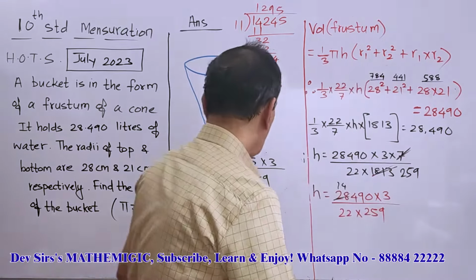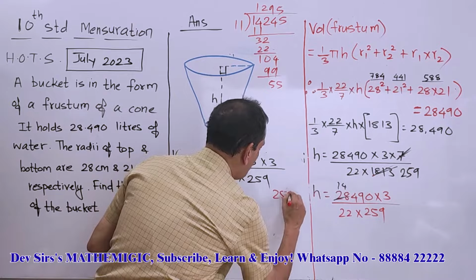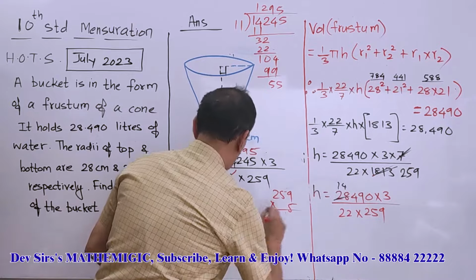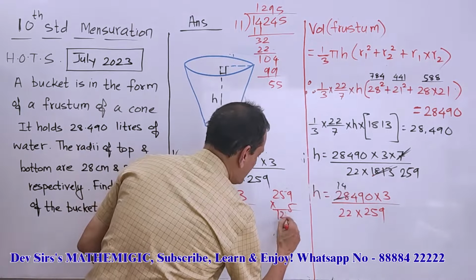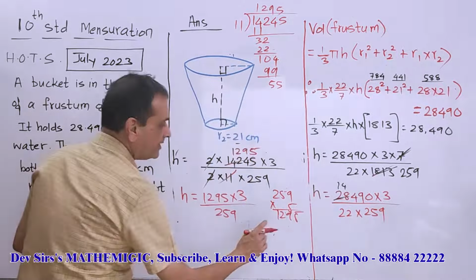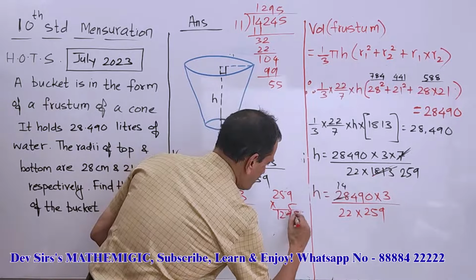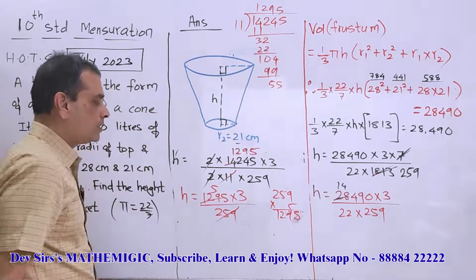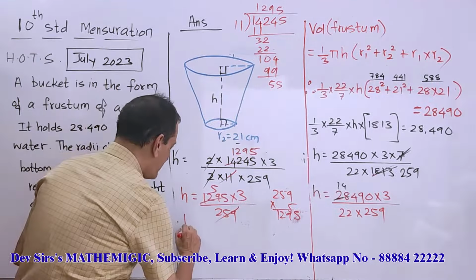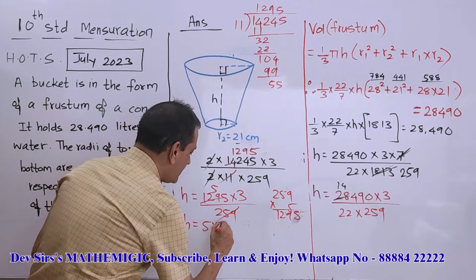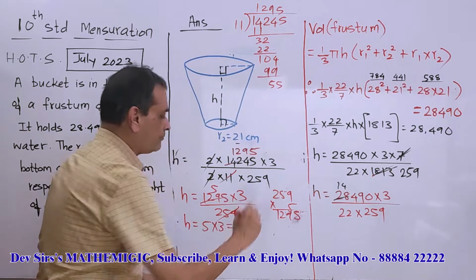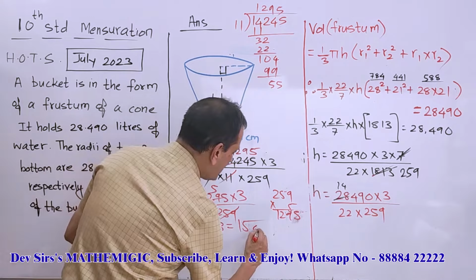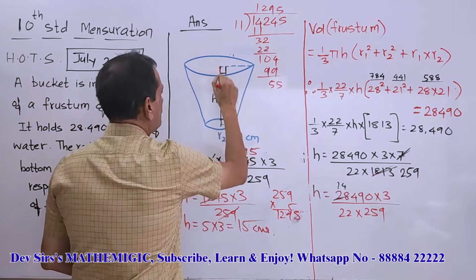So why don't you try 259 into 5? Direct try करो. That will be 1295. So 259 into 5 gives you 1295. So final answer is 5 into 3, H equal to 15. 15 centimeters is the height of the bucket.